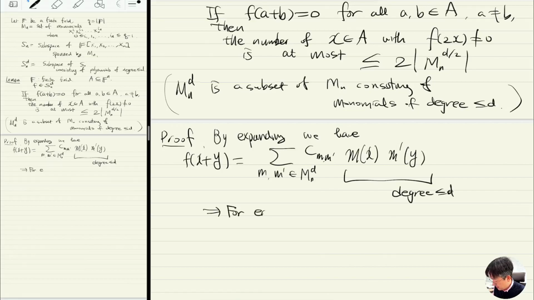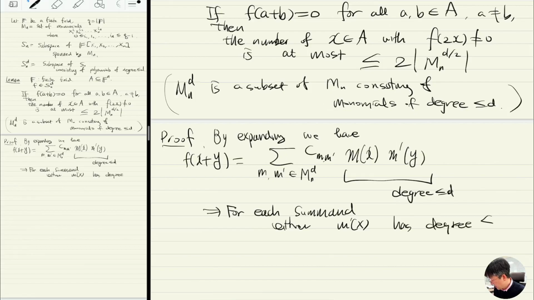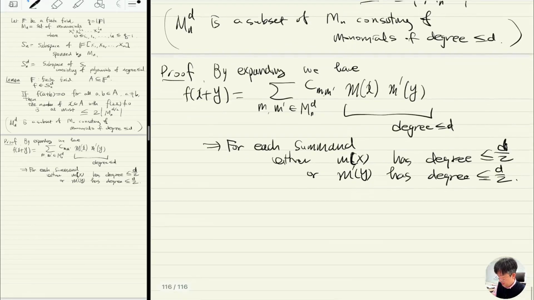So for each summand, either m prime x has degree at most d over 2, or m prime y has degree at most d over 2.